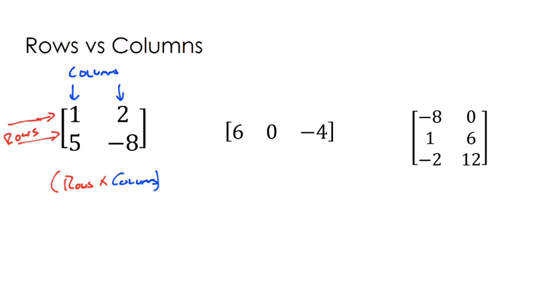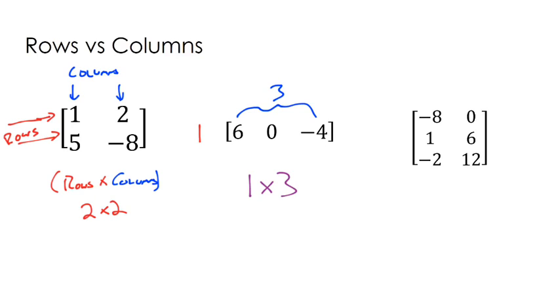So in this case, we have a 2 by 2 matrix. Here, once again, referring to it by its number of rows, by its number of columns, and we put the rows first. So this would be a, let's see, it looks like it has one row, but it looks like it has 3 columns. So we would call this a 1 by 3.